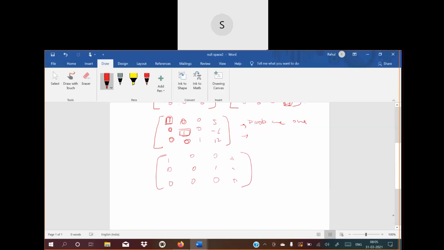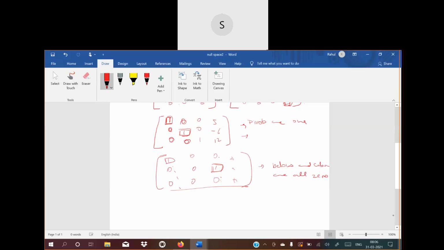The entire row is 0 in both cases, wherever the pivots are there. So here there are two pivots, and all the elements will be 0, and if this is the pivot, all the elements below and above are 0. So the second property is that below and above elements are all zeros. These are the two properties.